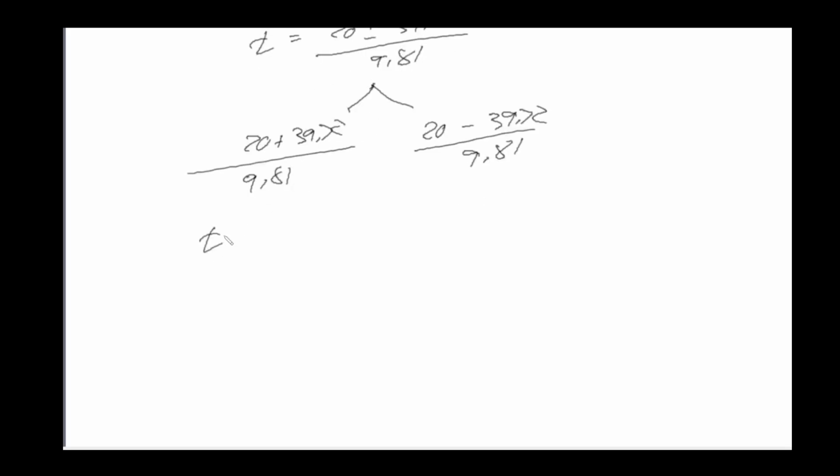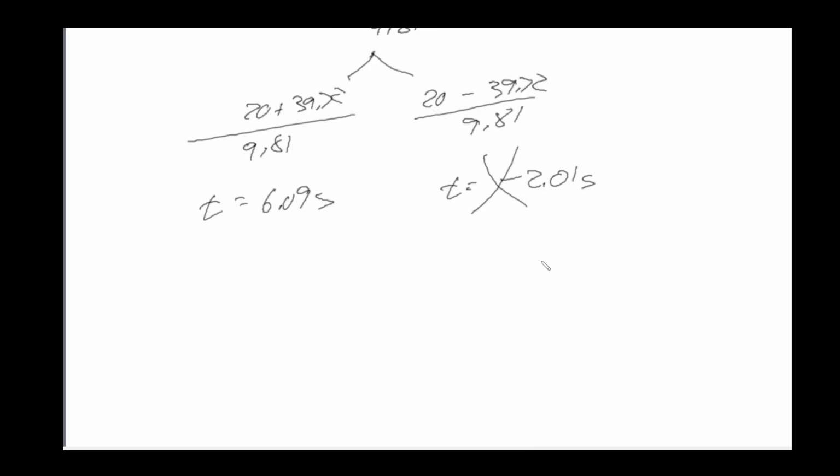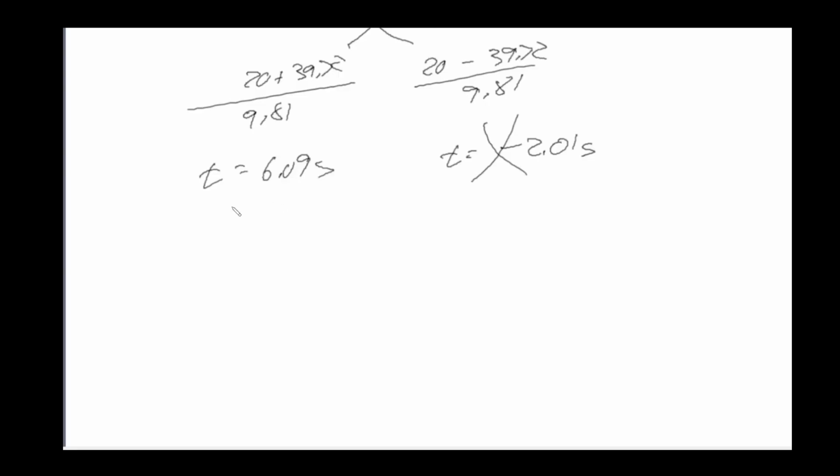One becomes t equals 6.09 seconds, and the other becomes t equals minus 2.01 seconds. We can't have a negative time for this problem, so that answer is out. Our final answer is 6.09 seconds, the total time the ball is in the air.